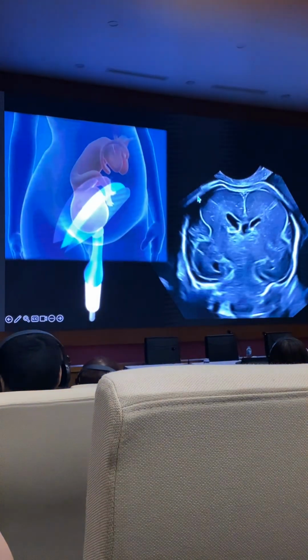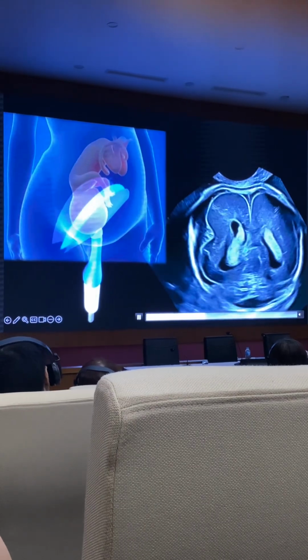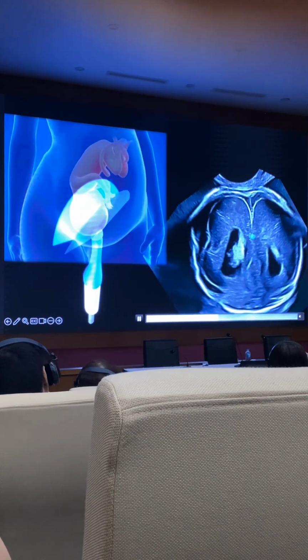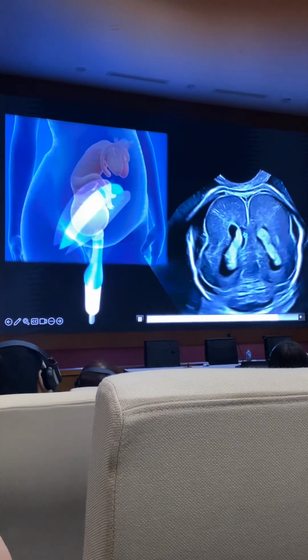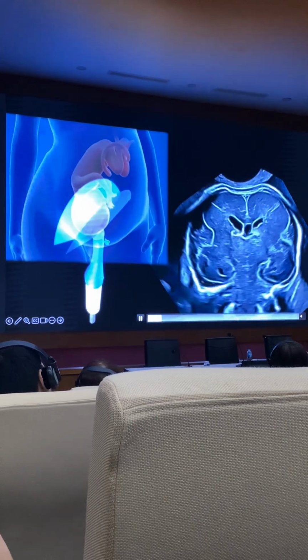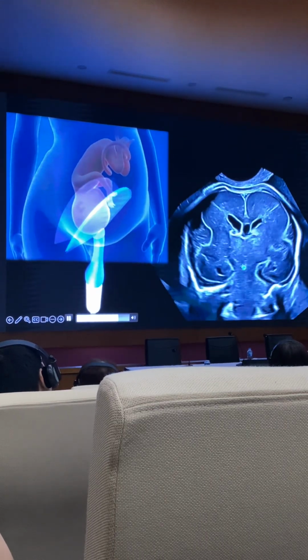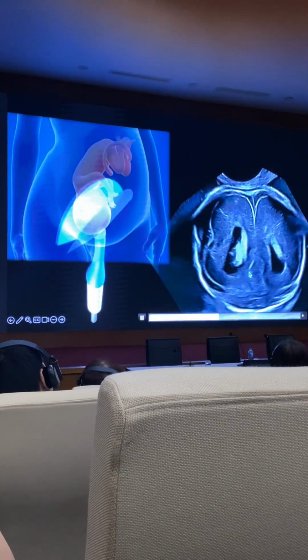And then the transvaginal neurosonography. Of course, you learned a lot about imaging, neurosonography imaging today, but the transvaginal sonography with the neurosonography is very, very helpful.